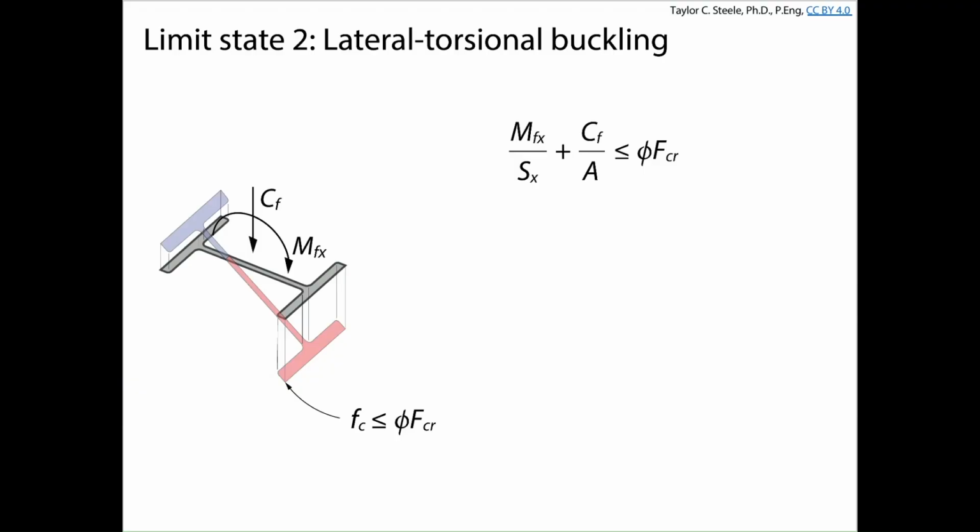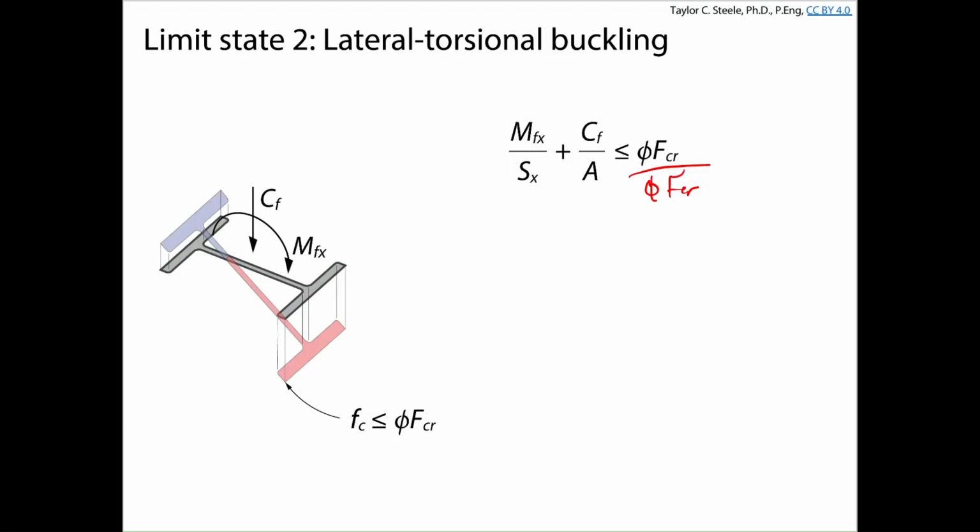The other day, we said, okay, let's assume that FCR, or let's rewrite phi FCR as MRX over SX for an unbraced beam. Today, we're going to do something a little bit different, though it's going to be more or less the same. We're going to divide through, both the left-hand side of the equation and the right-hand side, by the phi FCR term.